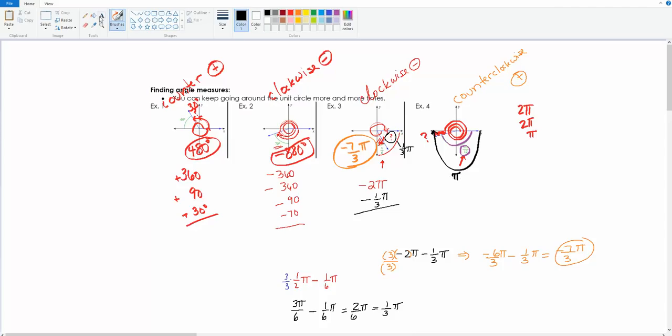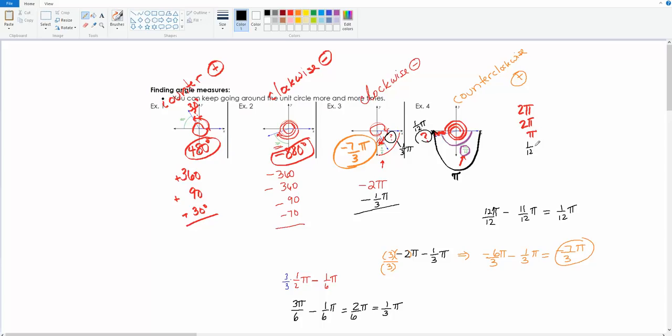So in order to find the difference, if I take this whole pi and I take away this purple one, I'll be left with the one that I want. So then I've got to do my side calculations. Let's see, pi minus 11/12 pi. Let me turn this one into a fraction, 12 over 12. What's 12 minus 11? 1. All right, so this section happens to be 1/12 pi.